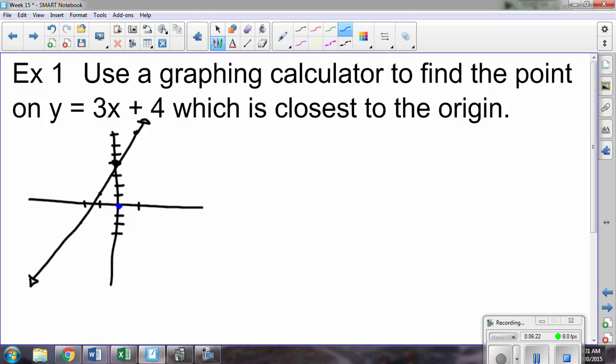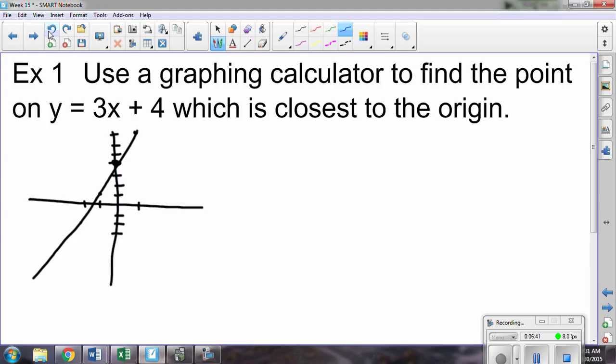Now, of course, we know that we could go straight up and get a distance of 4. We know that we could go down here and get a distance clearly larger than 4, and up here clearly larger than 4.